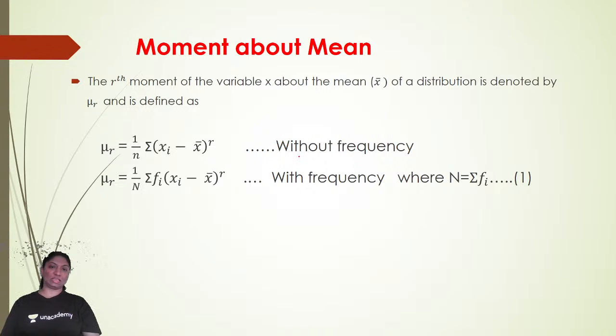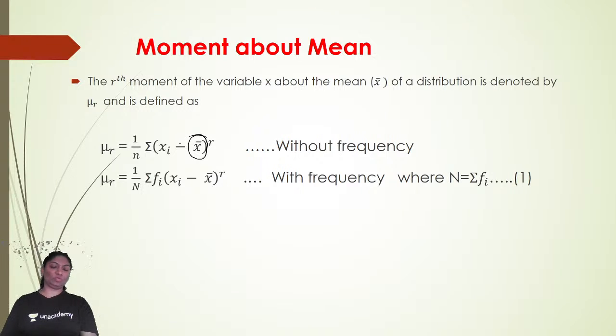without frequency, meaning here frequency is not given, and the data is given in this format. Without frequency means discrete data is given. So whenever discrete data is given, we can find the moment about mean. Why do we say moment about mean? Because here we are using the mean x bar.